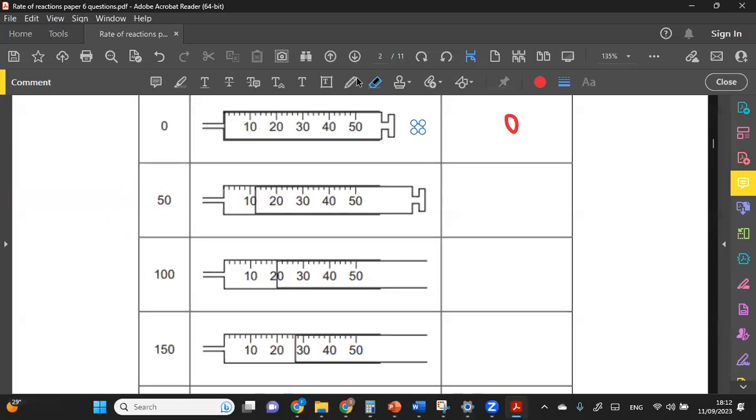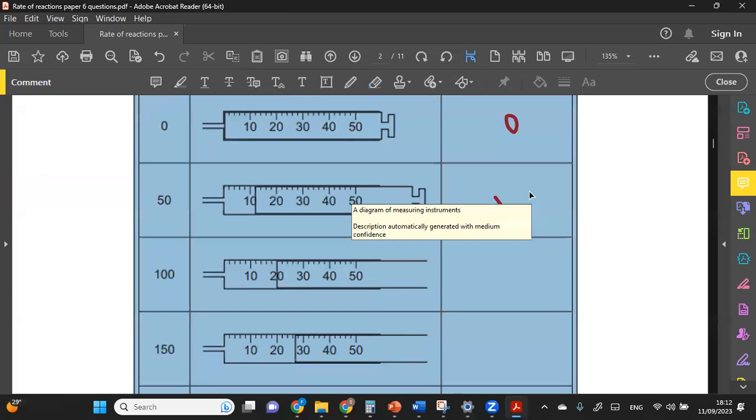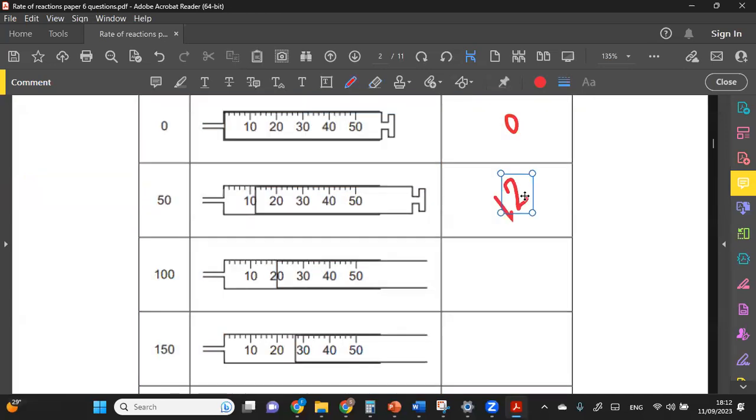It's 20. Yes, 20 is correct. Then the next one. Is it something between 26 and 28?